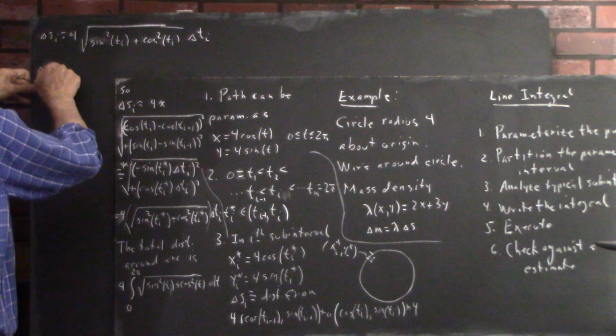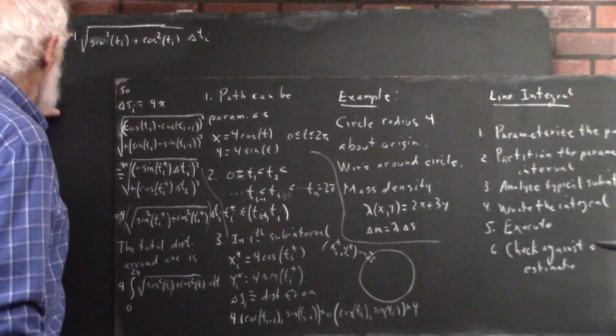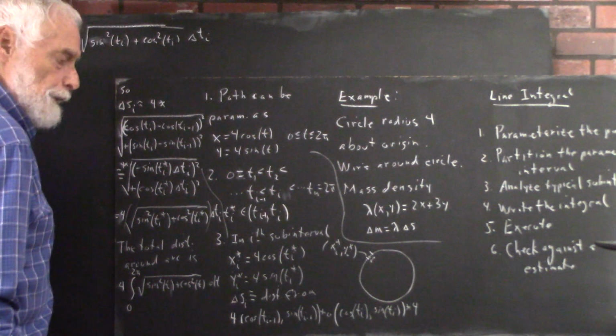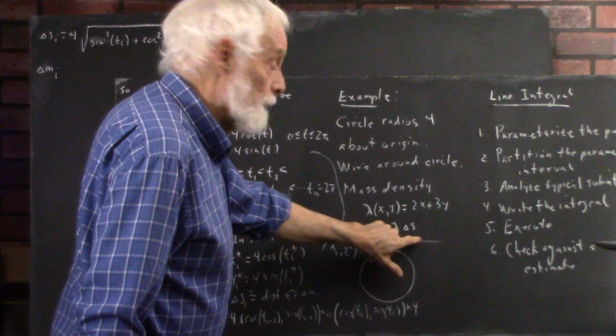What's the mass? Well, the mass of any interval of length delta s is going to be the average density times the length.